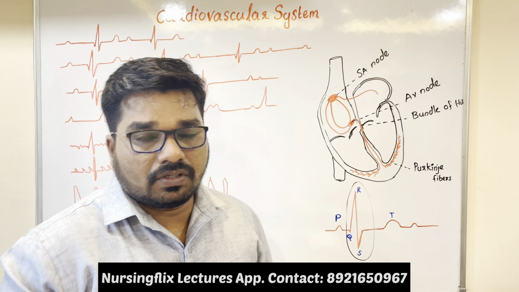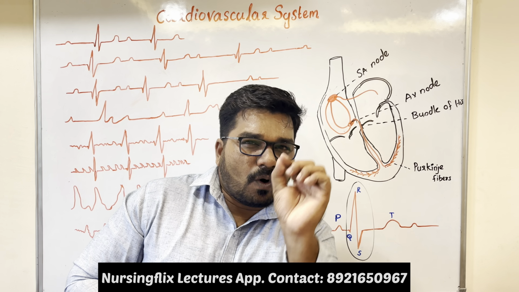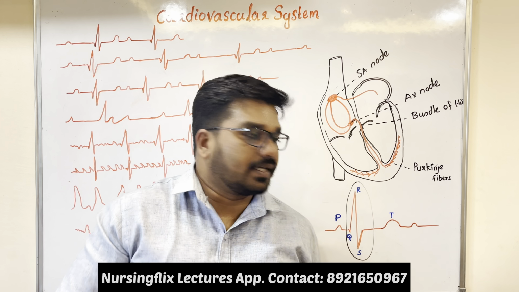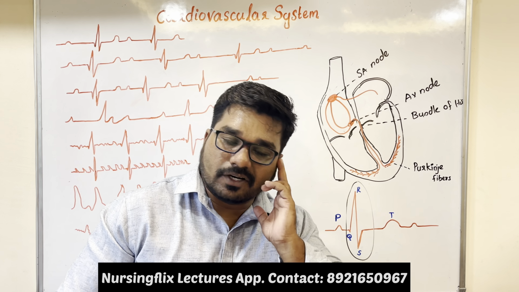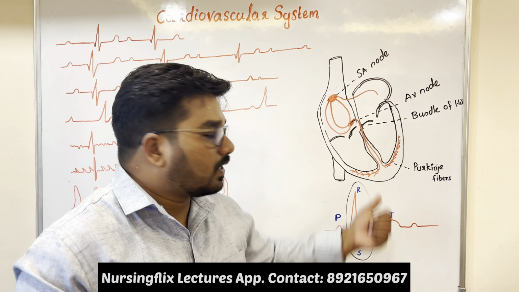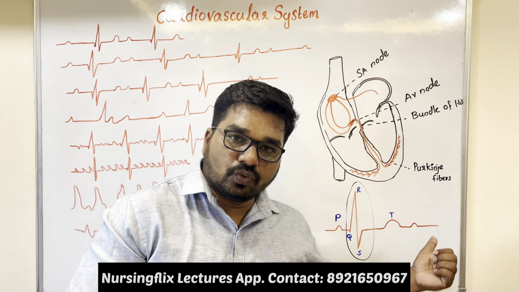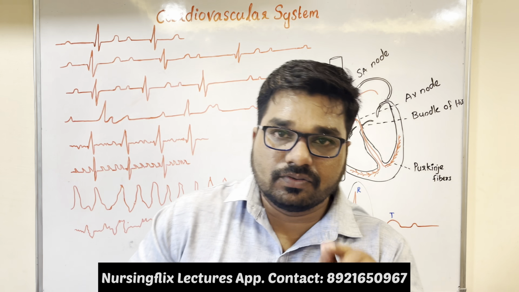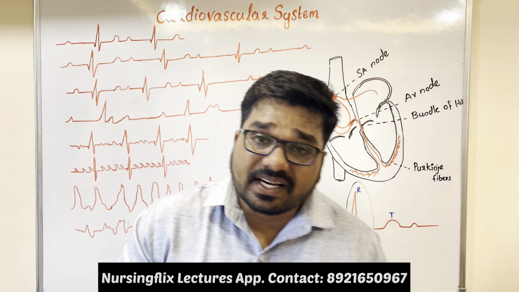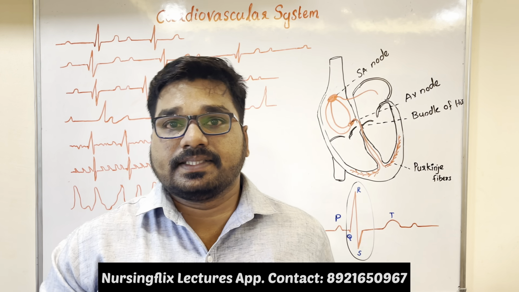Usually it may not be seen, but there is a small elevation there, called the U wave. It is usually not seen because ventricular repolarization is very dominating, so the U wave cannot be seen in normal ECGs. The U wave indicates repolarization of the Purkinje fibers.